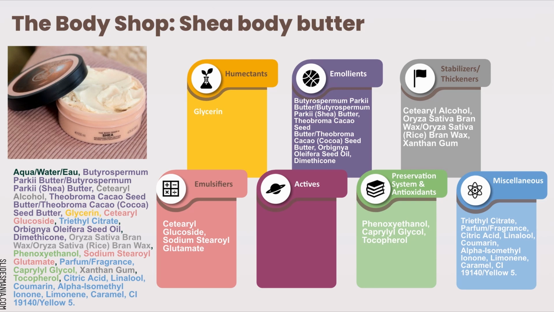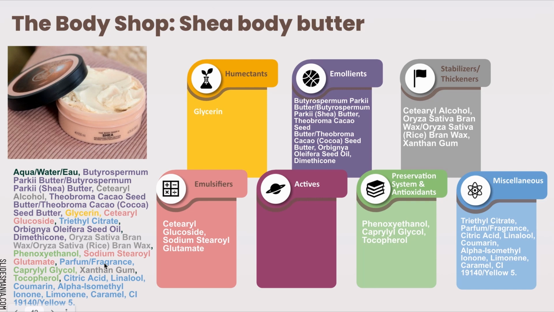And then after the rice bran wax that we already said is a thickener, you see the phenoxyethanol, which is part of the preserving system. The sodium stearoyl glutamate, I already said it's an emulsifier. And then we have fragrance.